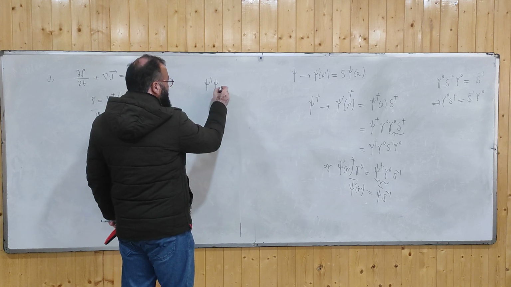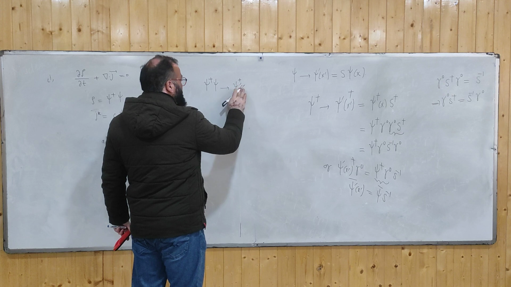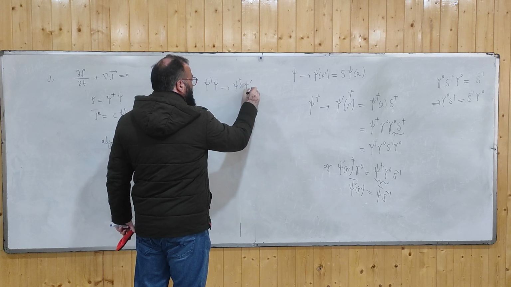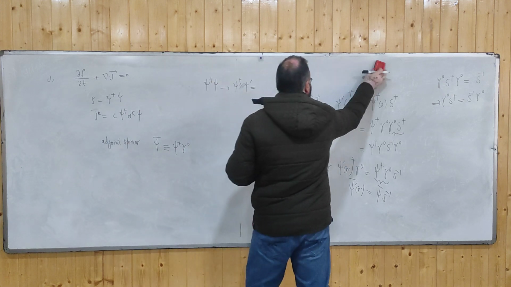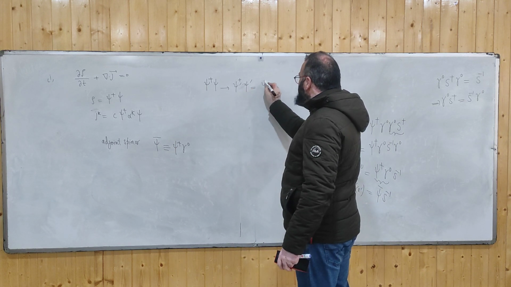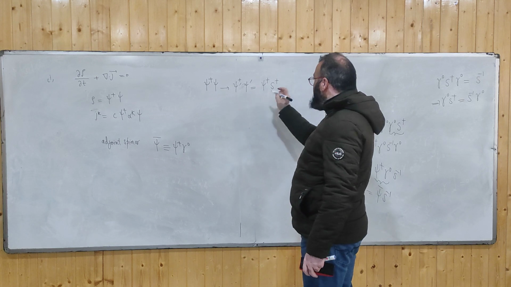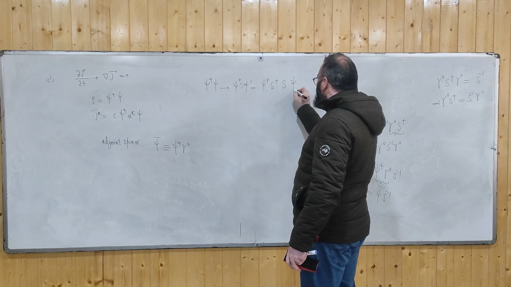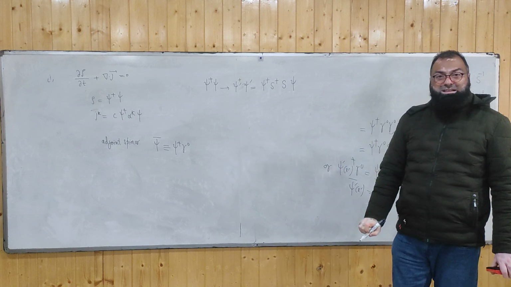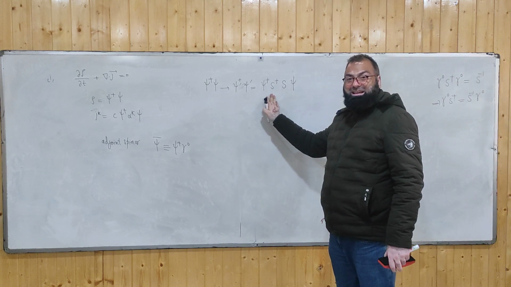So let's check the transformation property of this object. Psi dagger prime of x prime is different, understood? So let's write it. What is psi dagger prime? It will be simply psi dagger S dagger. What is psi prime? It is S psi. But I know S dagger is not equal to S inverse.